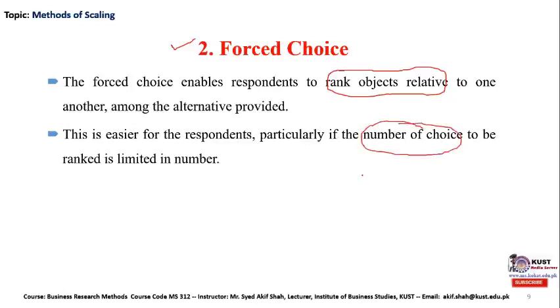Like if you ask the respondent to rank 4 different objects, products, or policies, it is quite easy for the respondent to rank number first upon the product line selection, then select the second one, third one, and so on and so forth. However, if the number of choices is larger, then it is very difficult for the respondent to rank them properly.